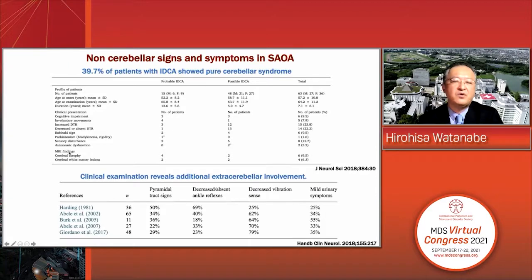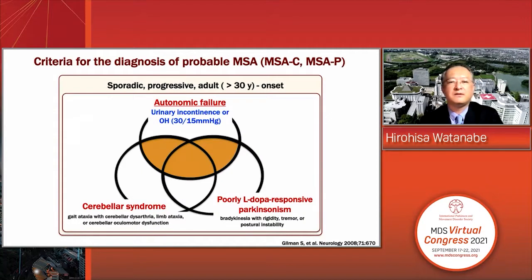These findings were also confirmed by several studies performed in Western countries. As you can see, clinical examination revealed additional extracerebellar involvement, including pyramidal tract signs, decreased or absent ankle reflexes, decreased vibration sense, and mild urinary symptoms.